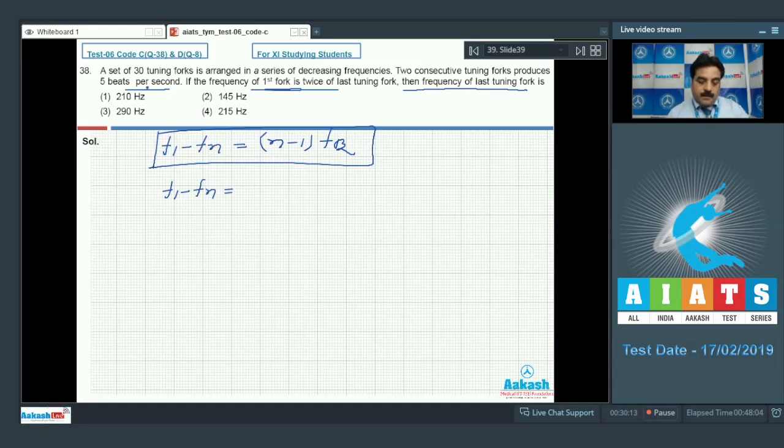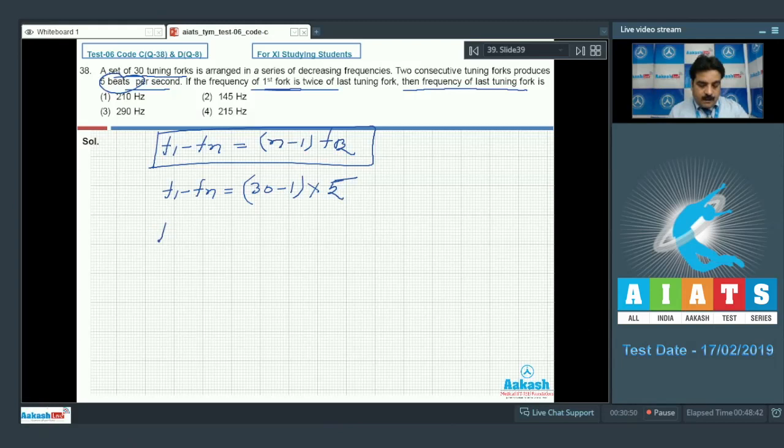Now n, we'll see, is a set of 30 tuning forks. The question says the frequency of first fork is twice that of last tuning fork, and two consecutive tuning forks produce 5 beats per second. It means n minus 1 is 30 minus 1, into 5 beats per second. N means number of tuning forks.